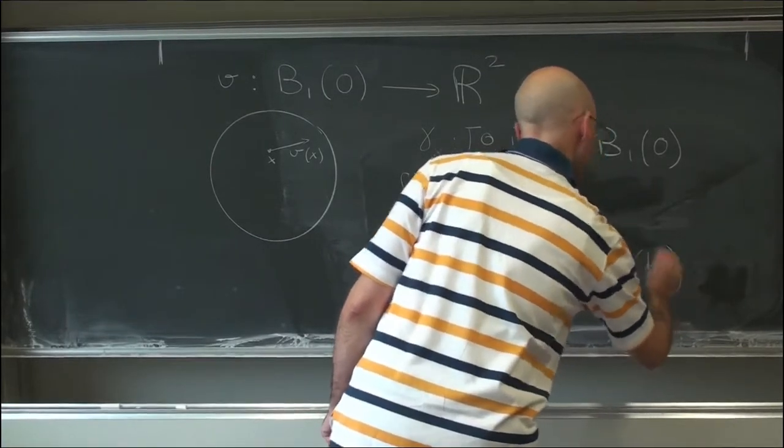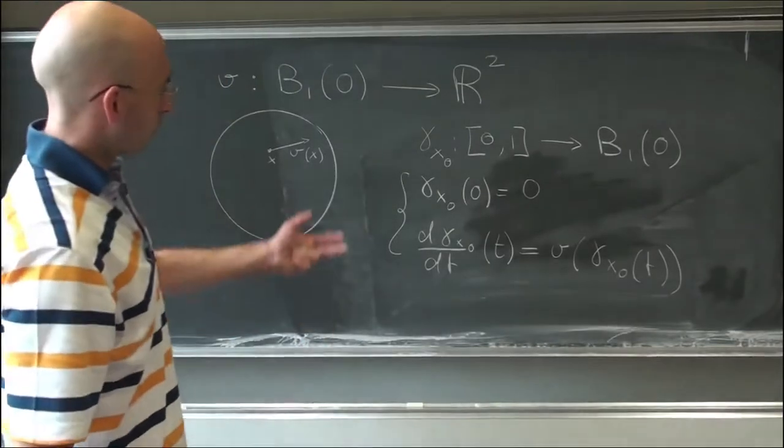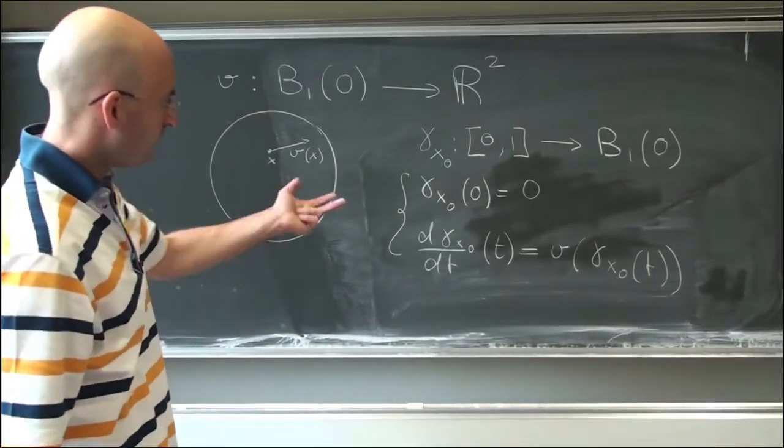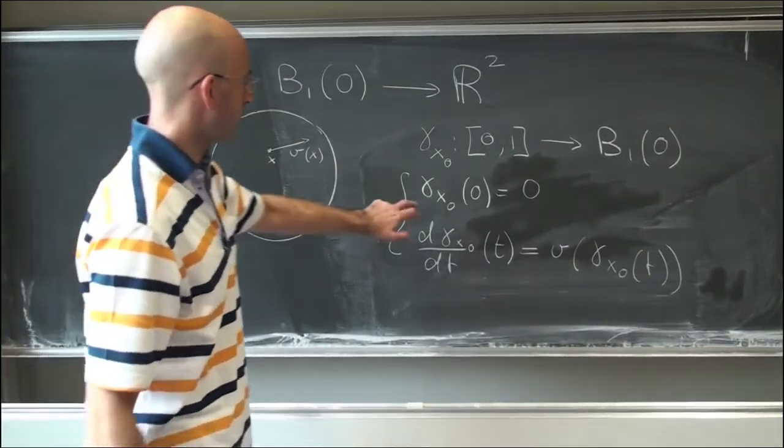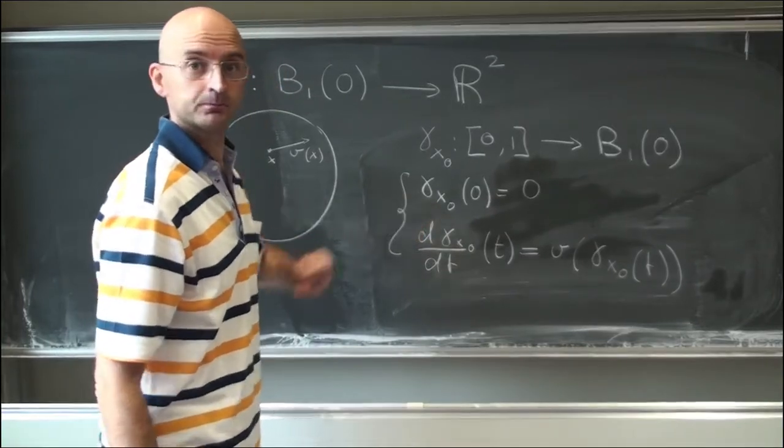Okay? This is what is called an ordinary differential equation for the function gamma_x0.